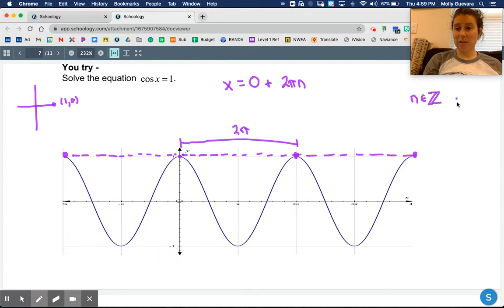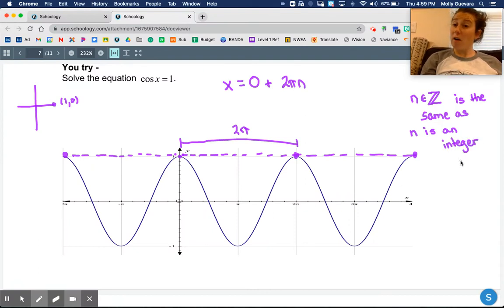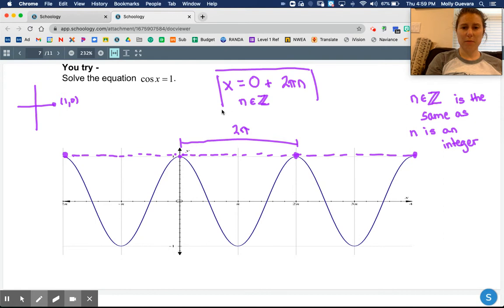So this is the same as n is an integer. So like how we always say x is in the set of all real numbers, now it's n is in the set of all integers.